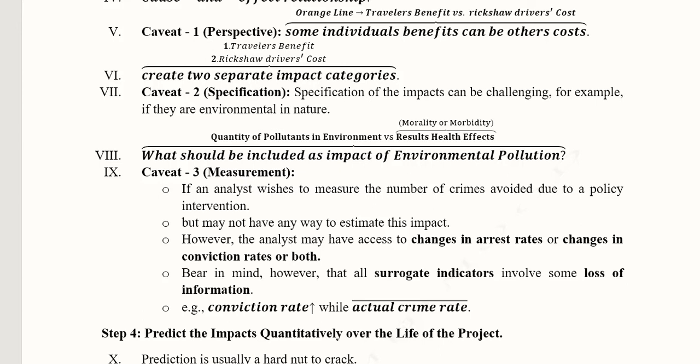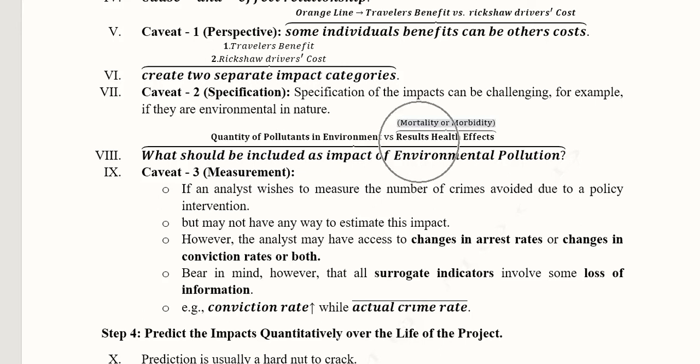Then the other caveat is regarding the specification. The specification can be challenging in the environmental sort of situations. For example, what should be included as the impact of environmental pollution? How can we specify the environmental pollution? That is, in terms of the pollutants in the environment, what quantity of the pollutants has arisen, or what are the effects of these pollutants in the environment in the form of mortality or morbidity of the individuals.